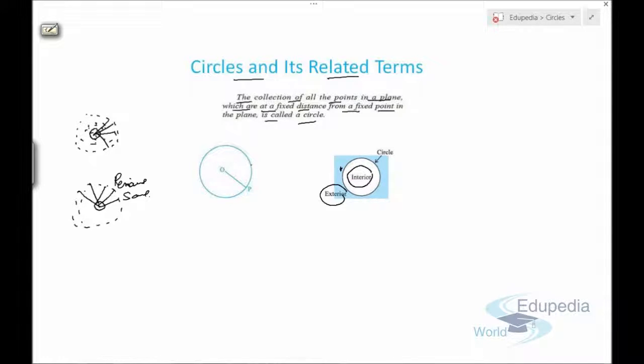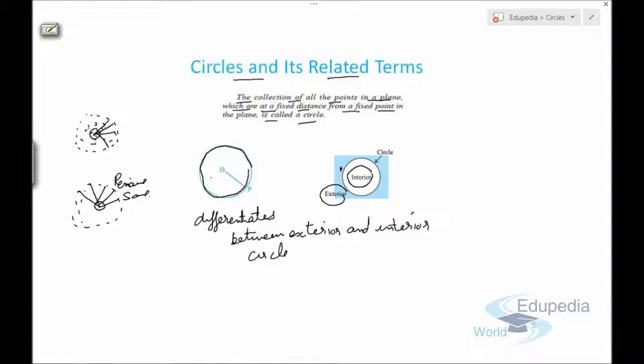The curved part, or the path which I'm drawing right now, which differentiates between the exterior and interior part, is known as the circle, or which defines the circle. So that is exactly the circle.